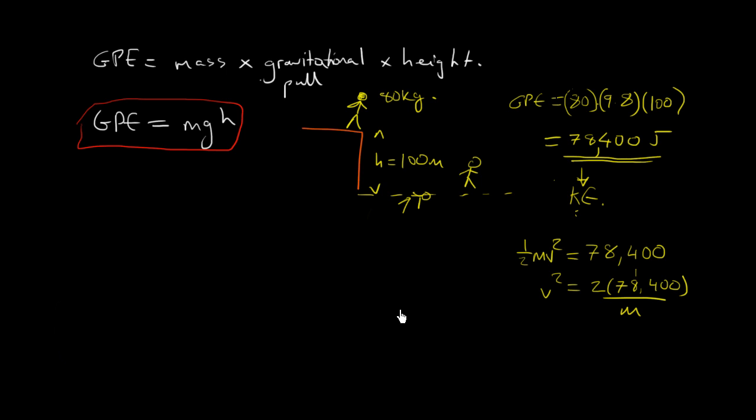Hopefully that makes sense. And similarly you can do the opposite. You can say, I'm going to throw a ball up, and it's got a velocity of 20 meters per second when I first let it go, and please tell me what height it reaches. Well, then you can use half mv squared, and that's going to equal the potential energy it's going to get at the top, so mgh.